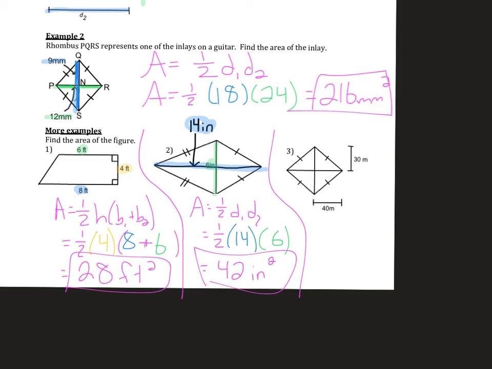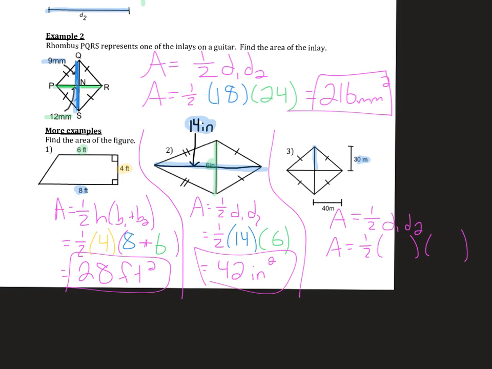Okay, and then this last one here is a kite, or excuse me, a rhombus. Okay, so to get our diagonals, we're given this much here is 30. That's what this information is.